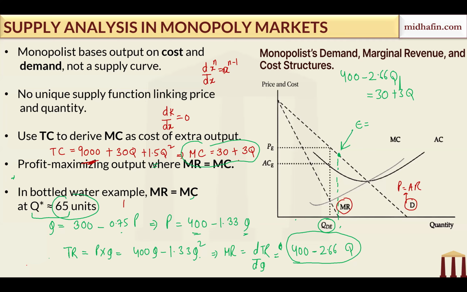Similarly, you can find out total cost also because you already have the total cost function. And once you subtract, total revenue minus total cost, you will get the total profit as well.